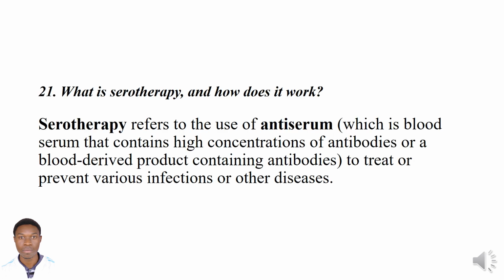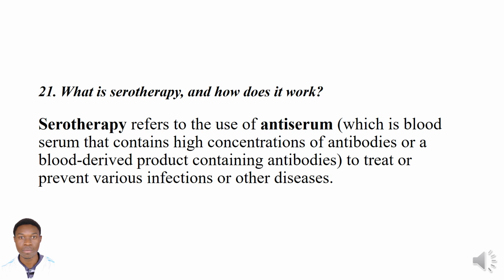As I have said, at first we have cell therapy, and its first question is about what is cell therapy and how does it work? Cell therapy refers to the use of antiserum, which is blood serum that contains high concentrations of antibodies, or a blood-derived product containing antibodies to treat or prevent various infections or other diseases.